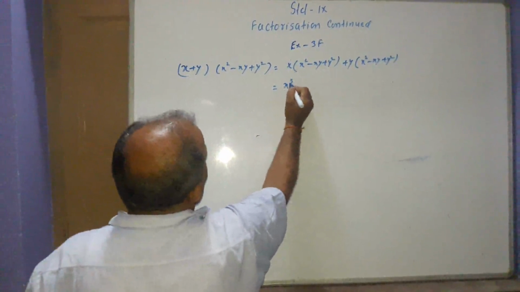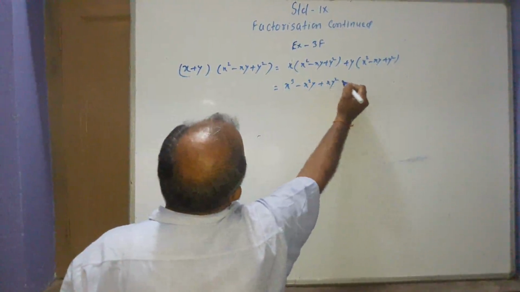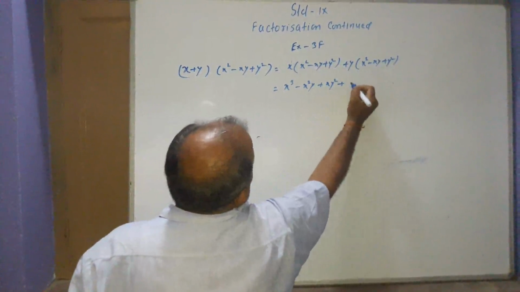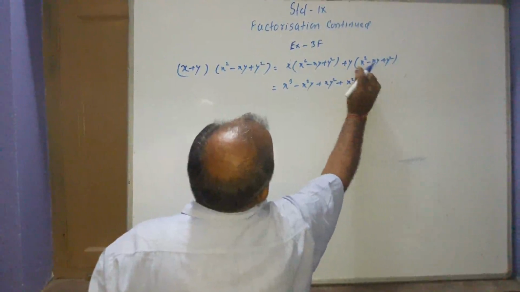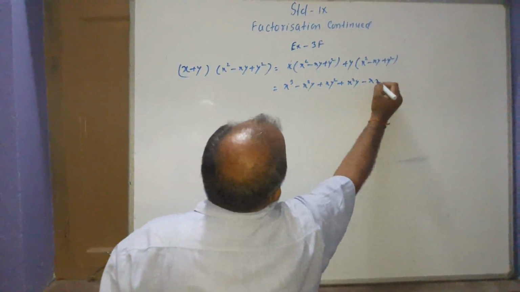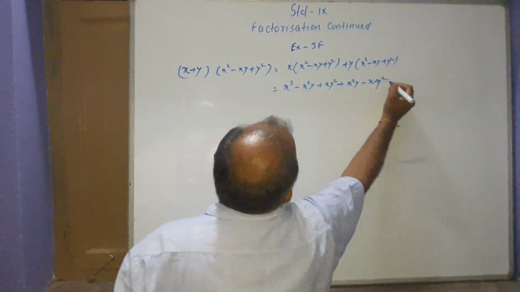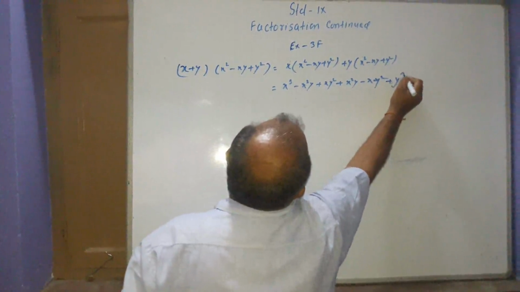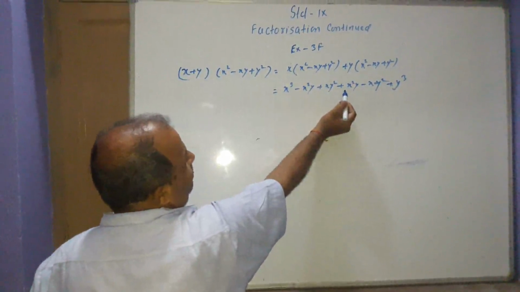This will give x cube minus x square y plus xy square plus x square y minus xy square plus y cube.